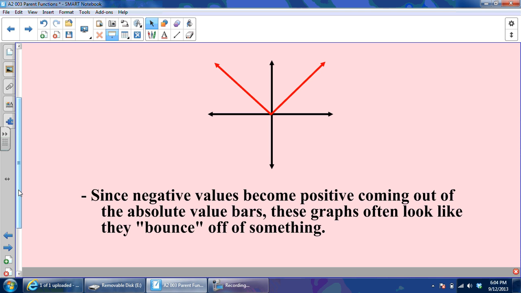So essentially what you have is a graph that is trying to do something, and then somewhere along the line, the absolute value bars steal the positive or negative part of the graph. So it does the same behavior in two different directions. You'll get a better hang of it. I don't think I explained that very well, but you'll get the hang of it. Absolute value graphs are really very easy to identify. Their shape is unique.